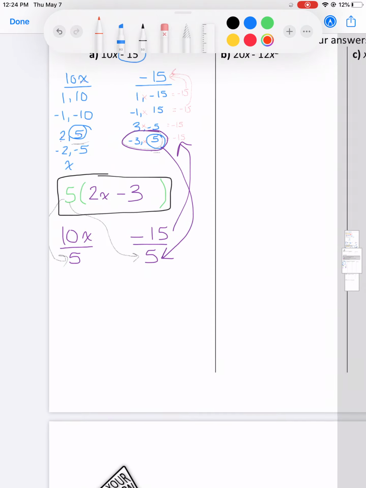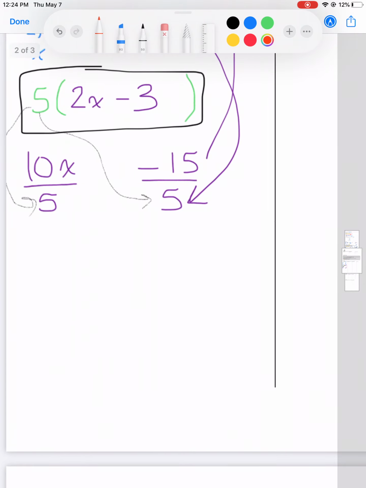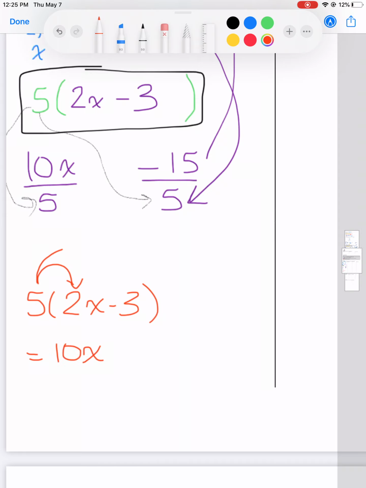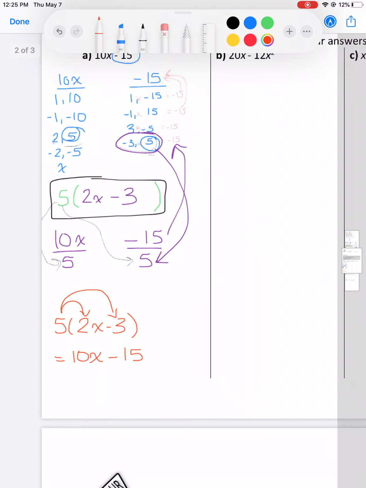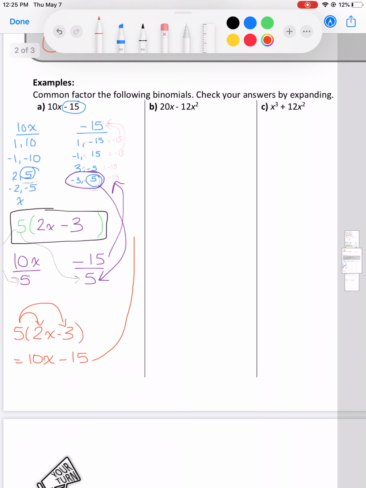So let's do it. What does that mean? We have 5, 2x minus 3. What's 5 times 2x? 10x. What's 5 times negative 3? Negative 15. Look at that.